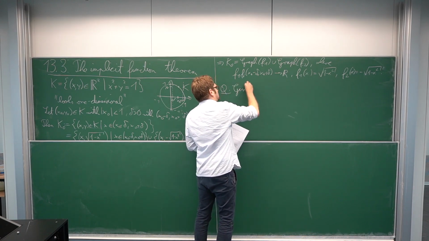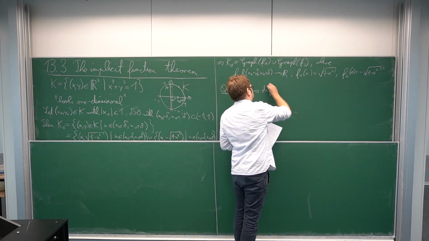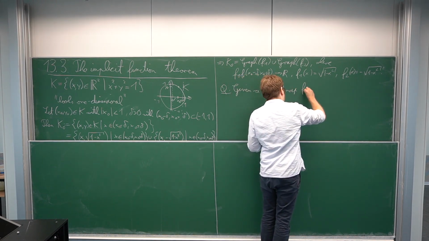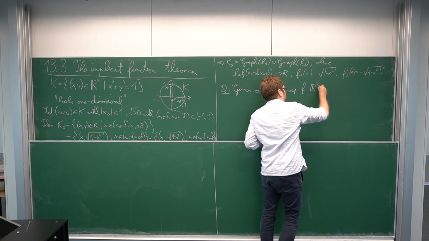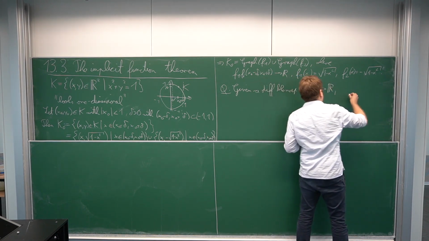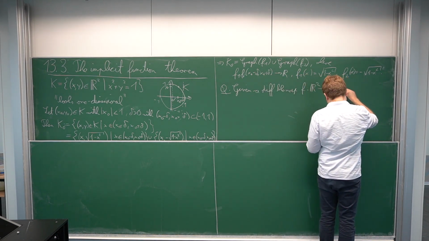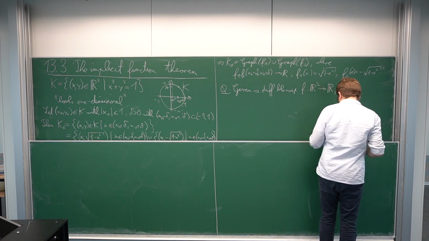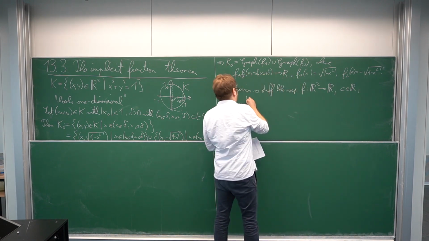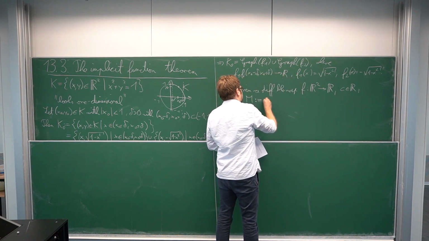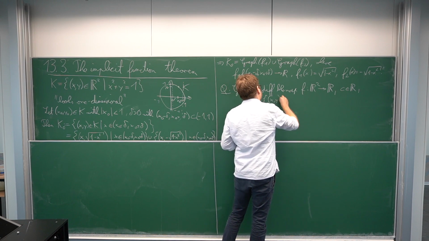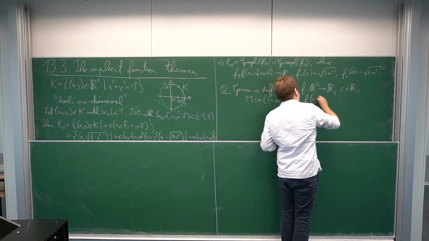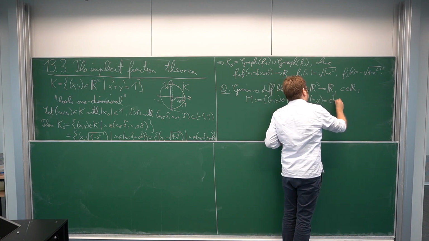Given a differentiable map f from R2 to R, and a certain fixed value c in R, M shall denote the solution set, so (x, y) in R2 such that f of x, y equals c.